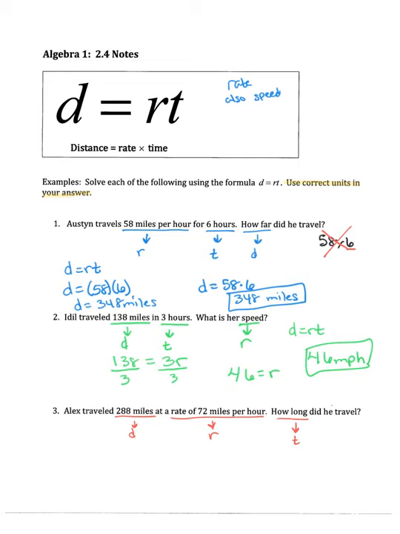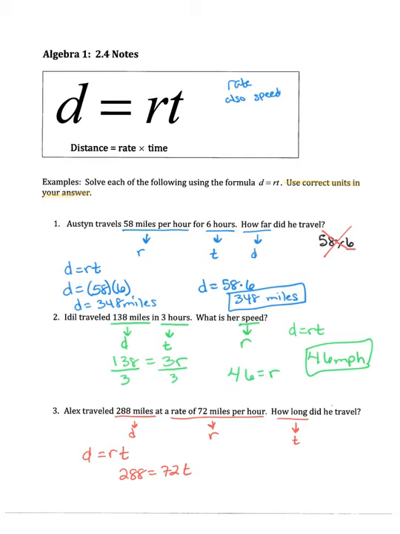So let's do it again. Write the formula. D equals RT, and we're going to substitute what we know. The distance is 288, the rate is 72, and the time is T. Now you're going to solve that one-step equation.